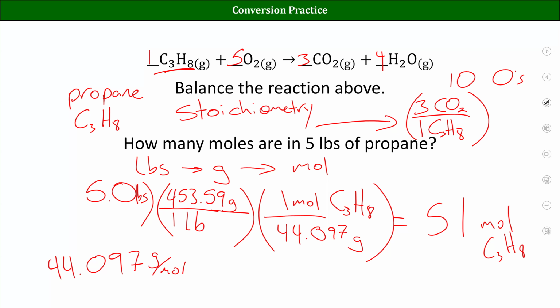Stoichiometry, I would guess it's Greek originally because of this OI in there, but I don't really know. Seems Greek. It's all Greek to me. All stoichiometry is using this conversion factor. It's starting from a balanced reaction and then converting from moles of one thing to moles of another.